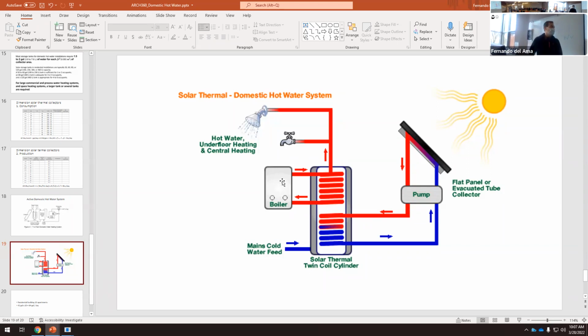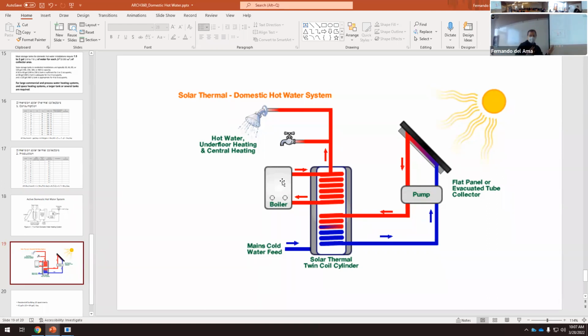This boiler, if it's electric, it's up to you, but it's the worst option. If you have a gas boiler to heat up water, it's a better option. If you want an electric boiler, make sure that you have PV panels to generate the electricity that you need to run the electric boiler.